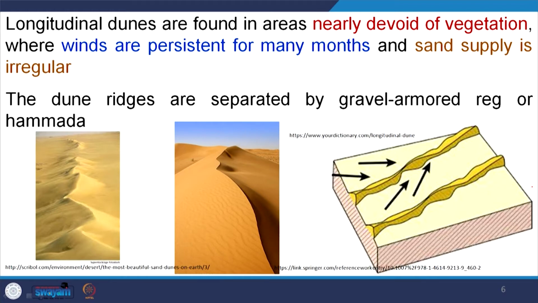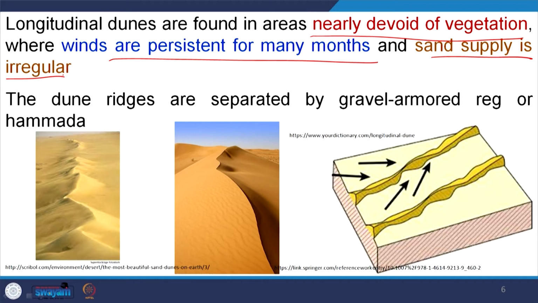So, areas lacking any vegetation cover are more suitable for the formation of longitudinal dunes, where winds are persistent for many months, that means a long duration of wind flow in a consistent direction, and sand supply is irregular.